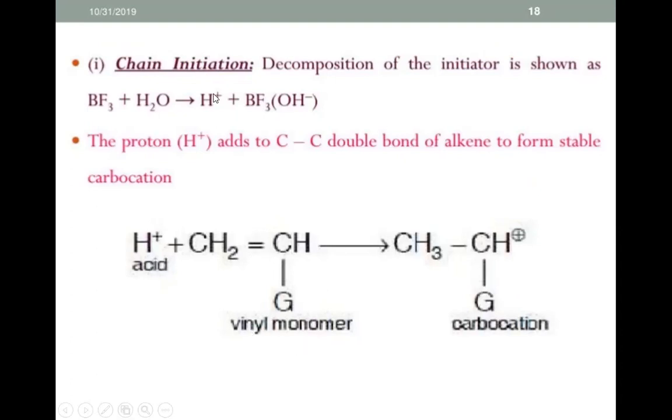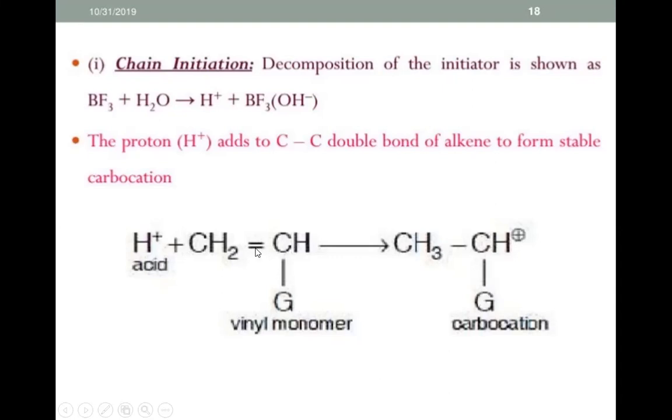If this released H plus ion gets added to the vinyl monomer, then you will get the carbocation. That means one of the bonds of the double bond undergoes fission. This bond is a sigma bond, and this bond is a pi bond, which is weaker.